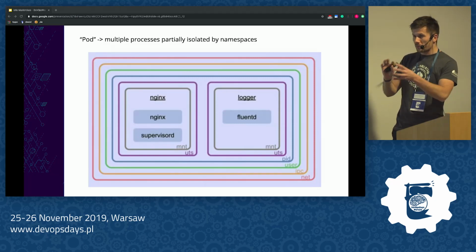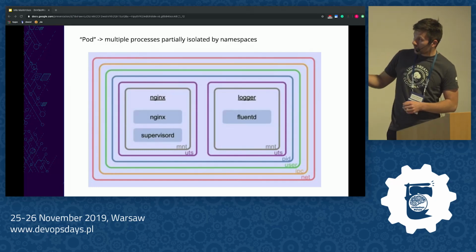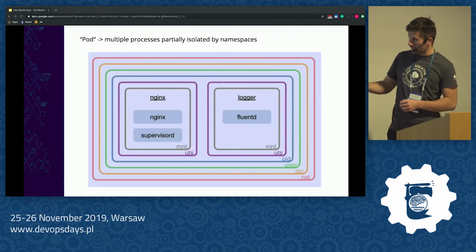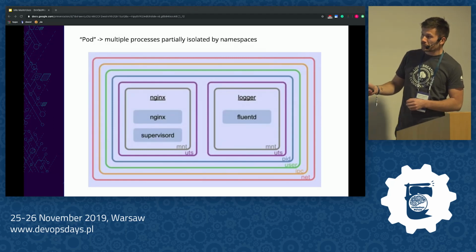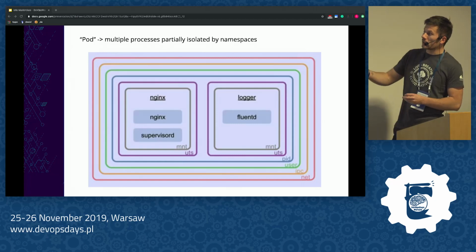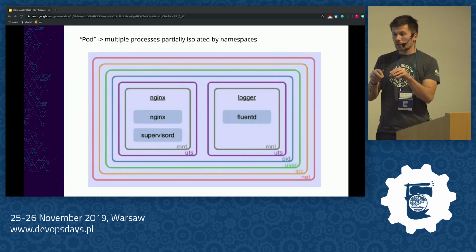So it's kind of a mix-and-match. For example, the mount namespace is still separate, so this container can have different mounts than that one. But something like network, they share. And what it means is that for these two containers, it looks like they're running on the same machine, the same virtual machine, let's say.